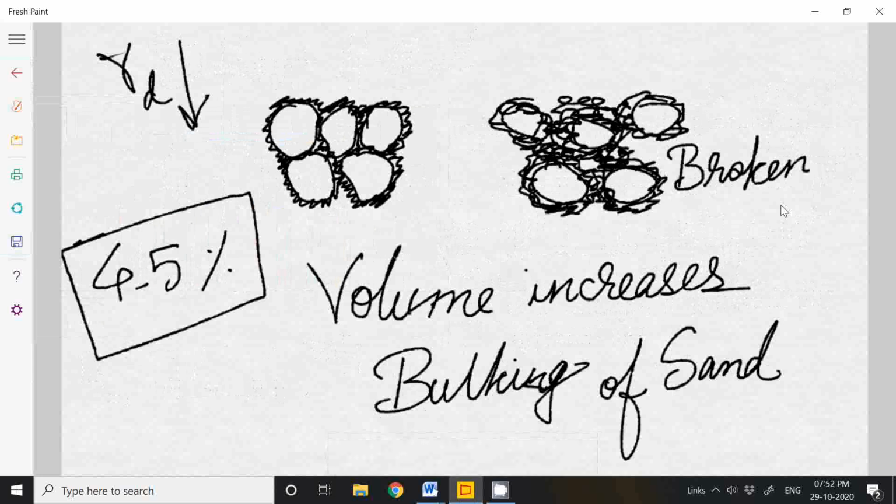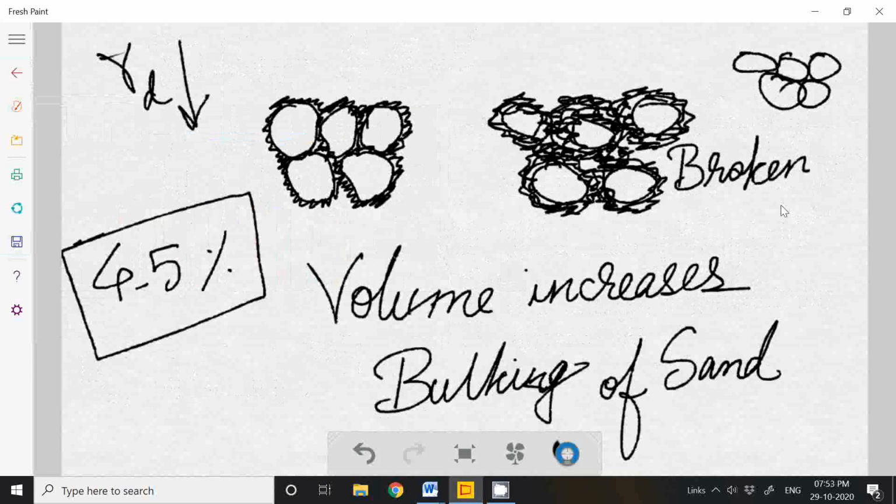These layers, which are making a thin film along the surface of the sand particles, get broken when the water content increases, and then these particles again come closer to each other because these films get broken.